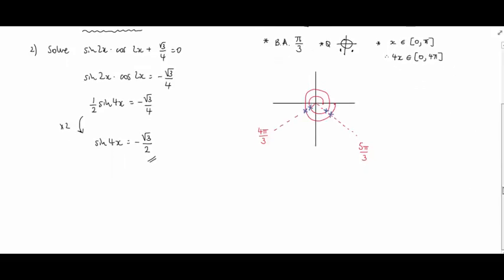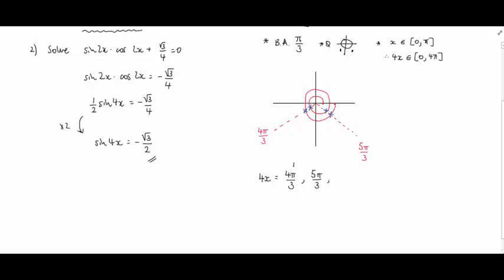That means 4x is equal to the following values. Let's start from 0 and move around: 4 pi on 3 is the first solution, and the next is 5 pi on 3. The next solution is one whole revolution of the trig circle around from 4 pi on 3.